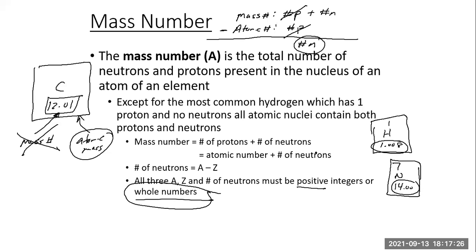It is only the atomic number, the number of protons, that you can find on the periodic table. That is the number above the symbol. The mass number is not found on the periodic table, but it can be calculated. You'll be given enough information to calculate those things. Any questions on that?